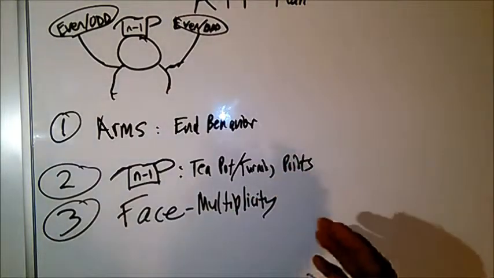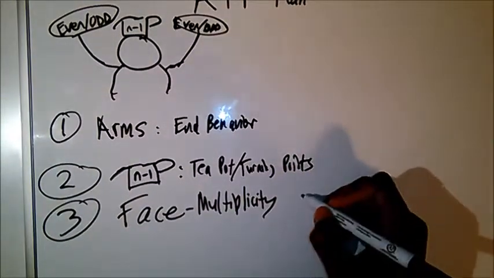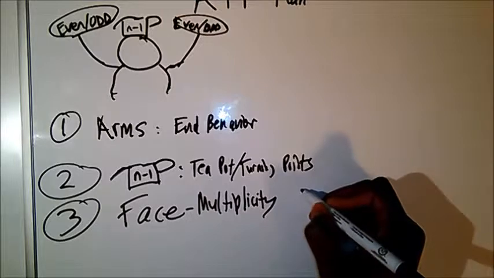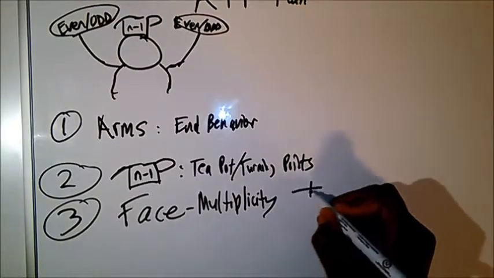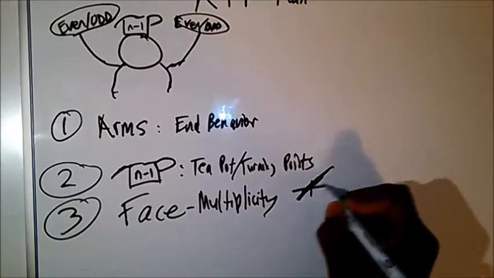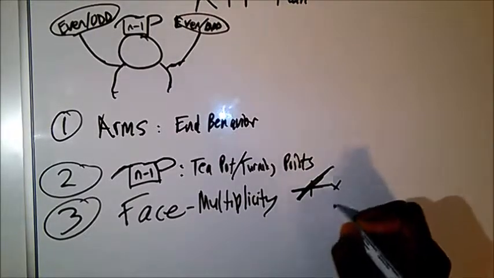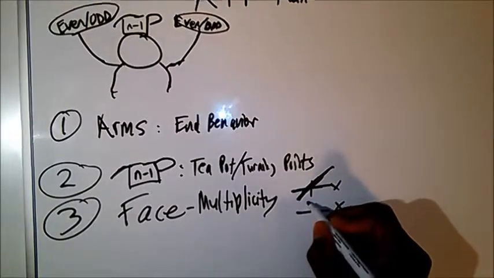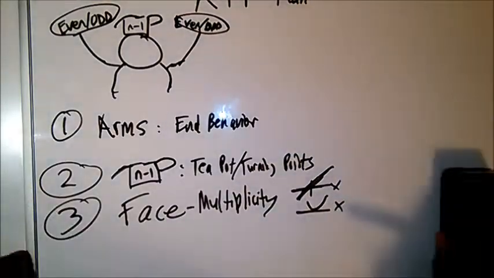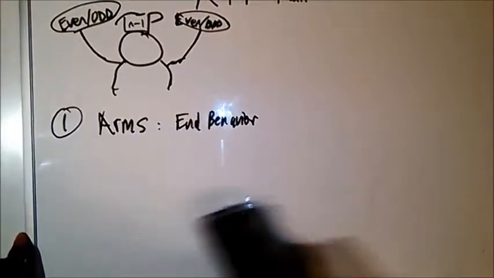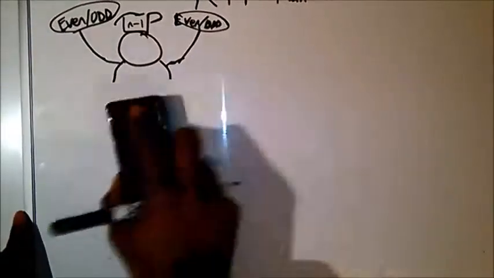And usually when I look at the face multiplicity, I determine whether or not an x-intercept is crossing over the x-axis, or it's touching and turning around like that. Okay, let's start with step one.